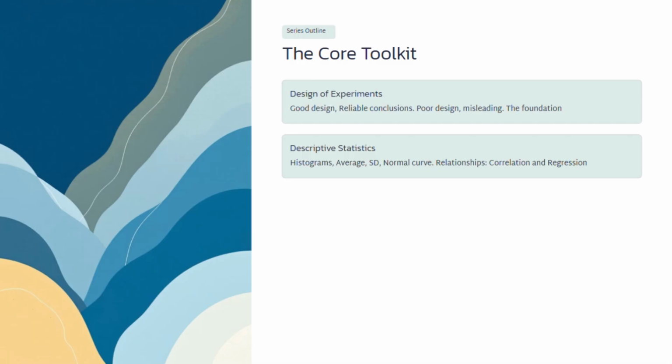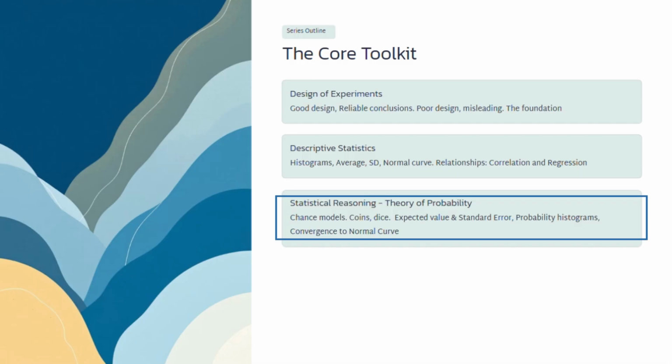Then we have statistical reasoning. Much of statistical reasoning depends on the theory of probability, and the connection is through chance models. Here we talk about coins, dice, and roulette wheels as the main examples of chance models.